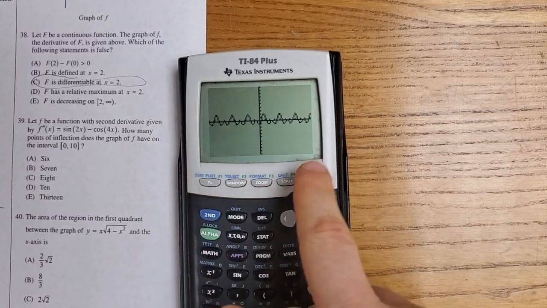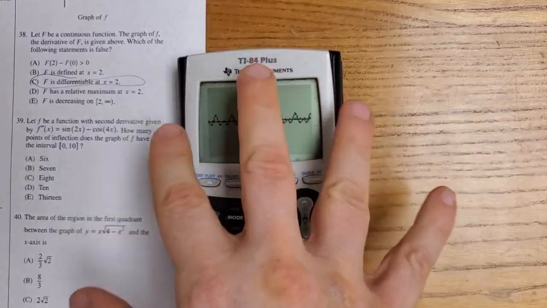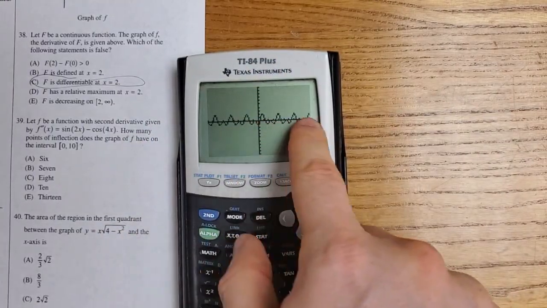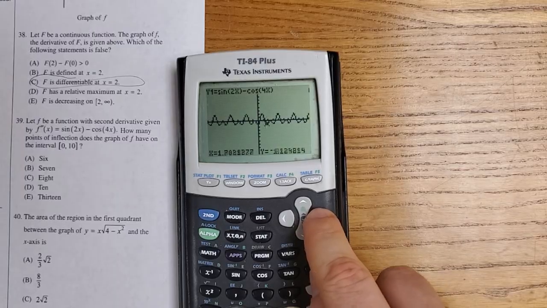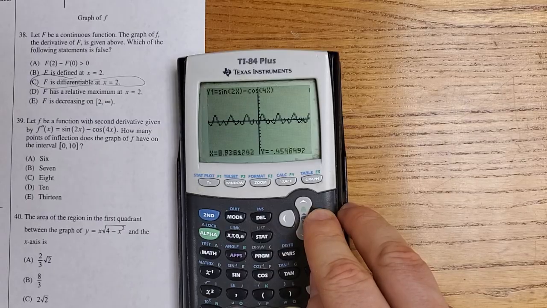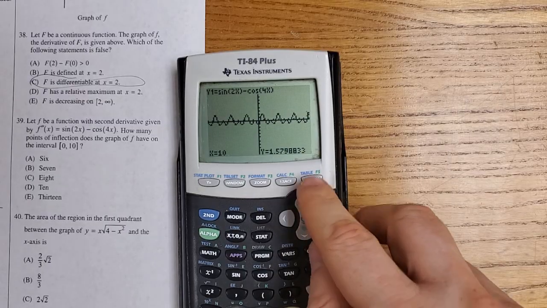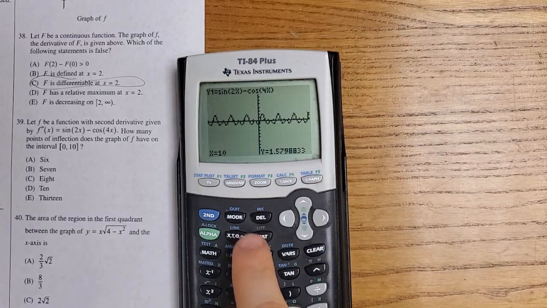If it's just the standard default zoom setting of the screen, it gets sloppy, it gets hard to look at. If you do the trace and go this way, you're not even going to make it out to 10. It's only going to get to, what does it get to? You know, it gets to 10 there. So you could kind of try to look at it there, but it's not the best.